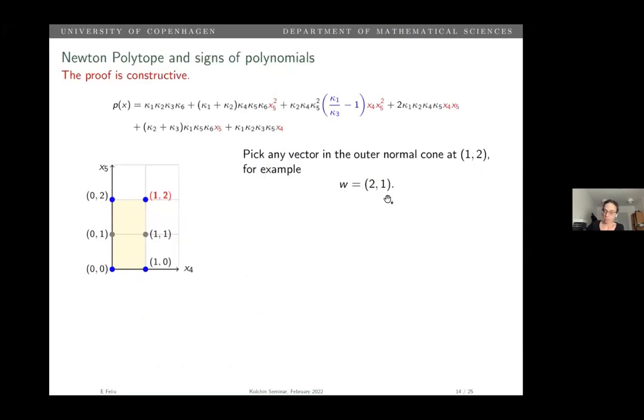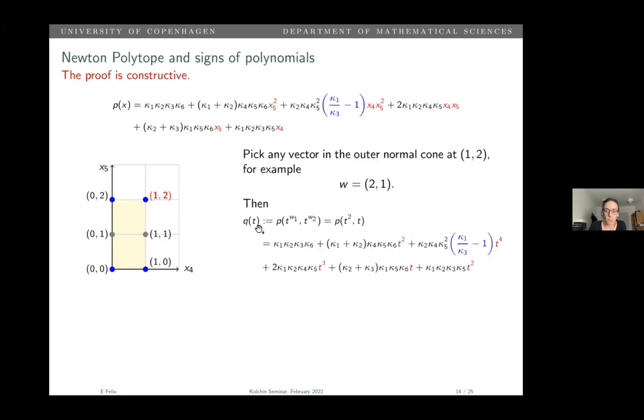And maybe I just want to say briefly what is the idea of this result. The idea is that you just take a vector in the outer normal cone of the vertex. So here it would be the cone given by these two lines here. That's what I would have drawn on the iPad if it had worked. But so you have this cone here, you pick any vector there.